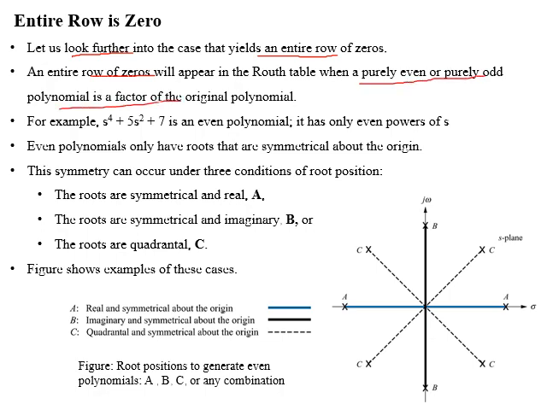For example, s^4 + 5s^2 + 7 is an even polynomial because it has only even powers of s. Now coming to the roots. Roots of the even polynomial are always symmetrical about the origin.